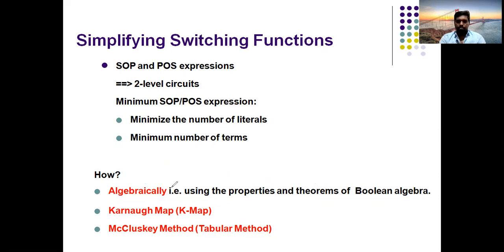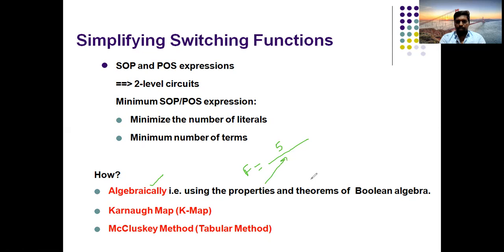But this algebraic method is only suitable for a small number of terms. That means if you are writing an output expression f equal to some expression, and the expression consists of five terms, then it is easy to apply the properties and theorems on this.